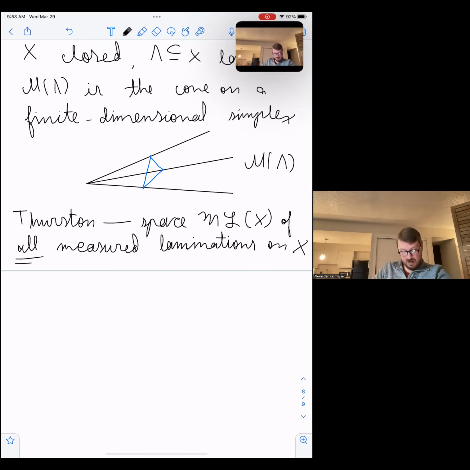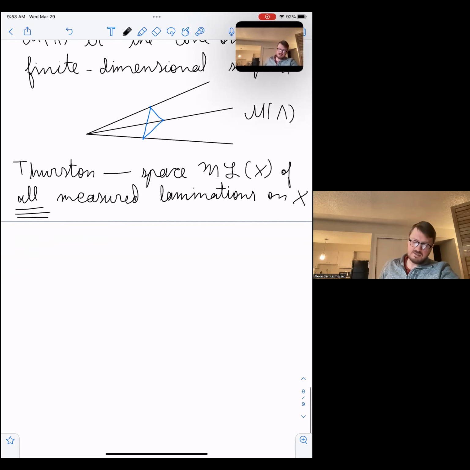So I'm going to kind of highlight the word all here. So we're explicitly not fixing a single geodesic lamination here. We're allowing the lamination to vary, and we're also allowing the transverse measure to vary. He showed that this space has a very simple structure as well.